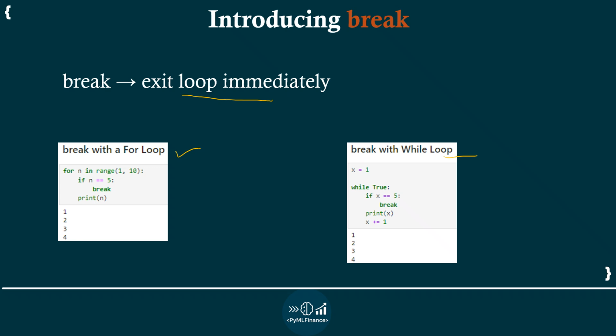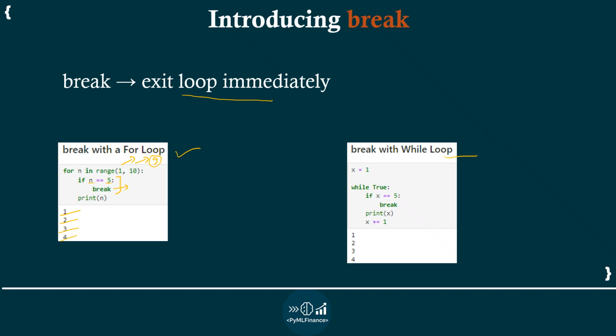First we'll start with the for loop. If you see the code here, Python will start looping from 1 and it will go till 10. When I say 10, it will iterate till 9, that is 10 minus 1. Here we have added one simple condition: if n is equal to 5, we want to break this loop. So 1 got printed, 2, 3, 4 got printed.